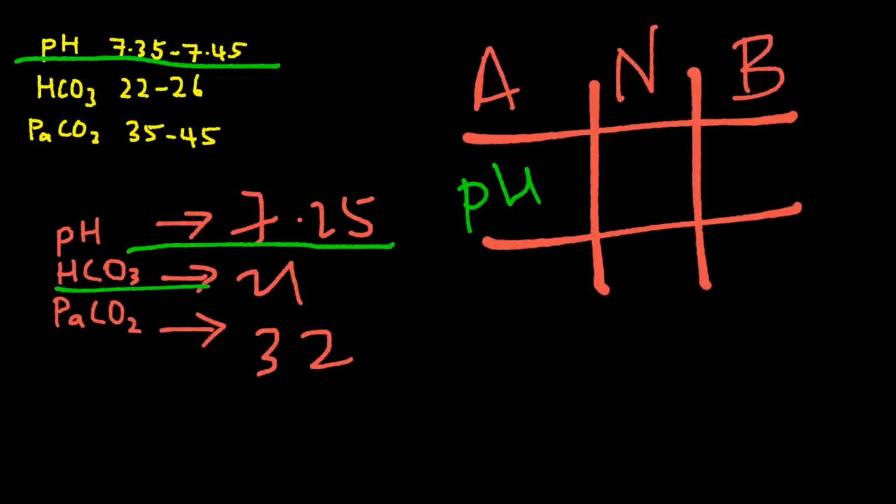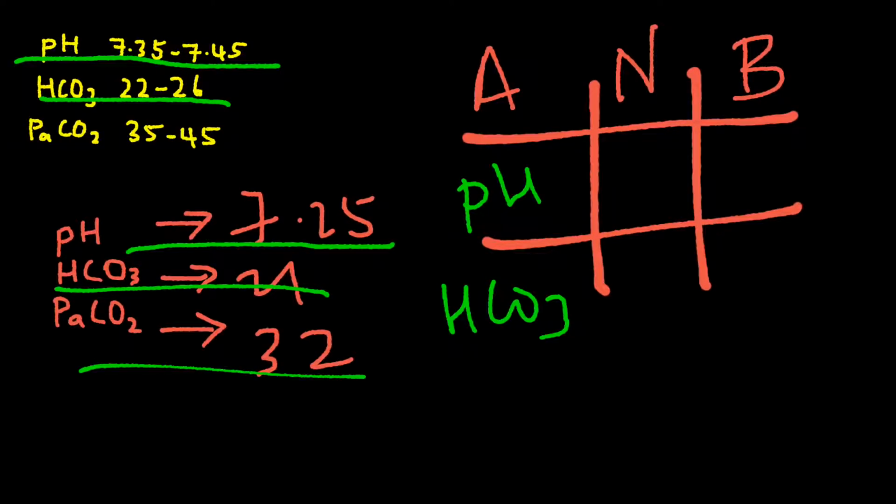If we look at HCO3, it's 21. So 21 is considered acidic, and I will put the HCO3 under the acid column. If we look at PaCO2, the result is 32.